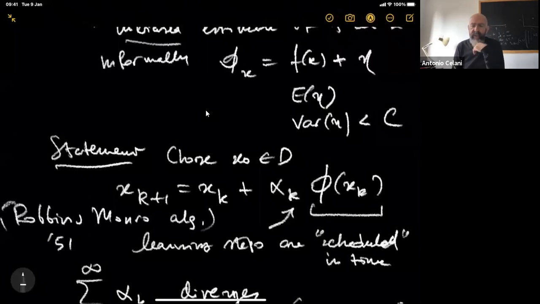Just to put everything historically in perspective, Bellman was working on optimization problems at the same time as when Robbins and Monro were working on stochastic approximation. Then the two things merged much later on, in the 80s, 90s. But these two objects were well known much before that.